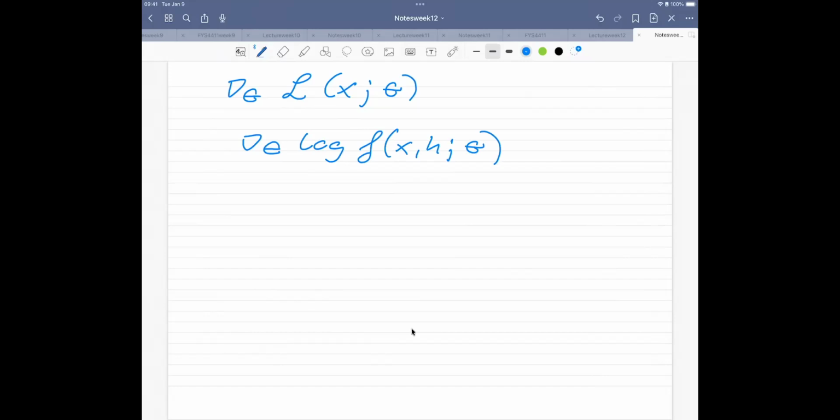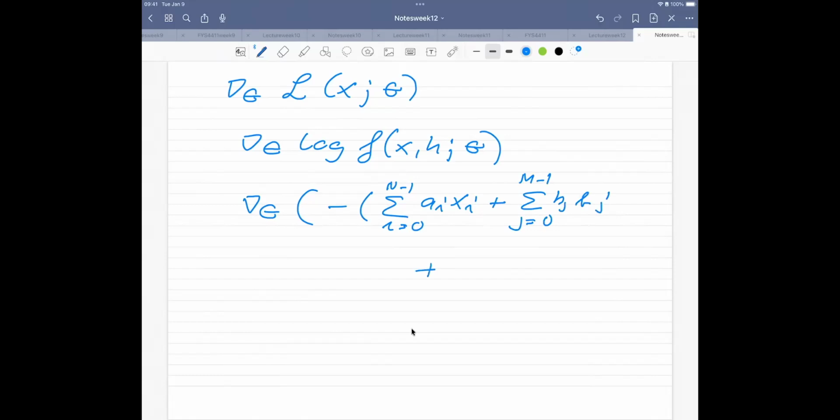In our case, we have the derivative with respect to theta of minus the exponent, which is a sum over i over all the nodes of ai xi, plus the sum over j equals 0 up to the number of hidden nodes of hj times bj, plus the interaction part, which is a double sum with xi, the weights wij, and hj.